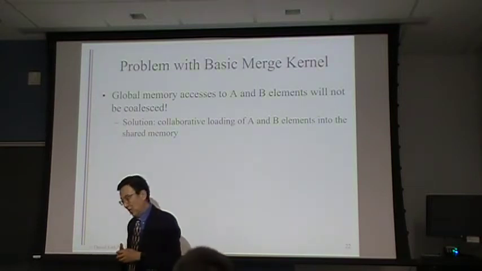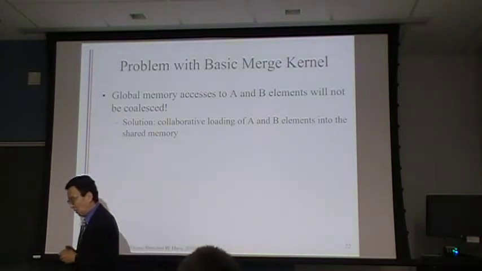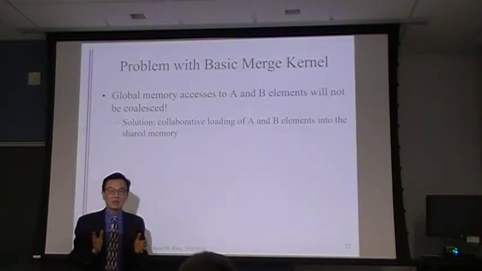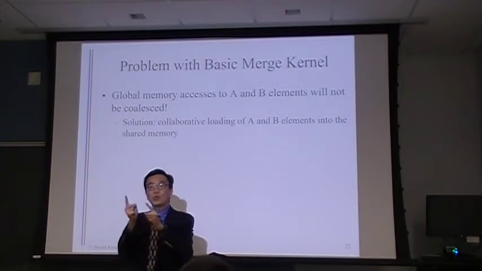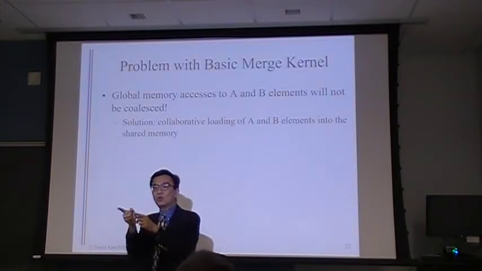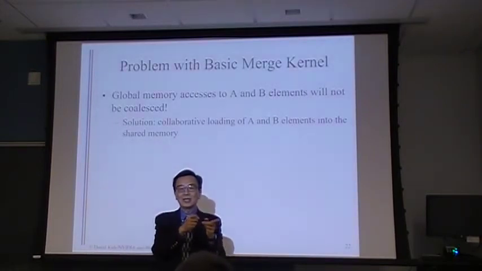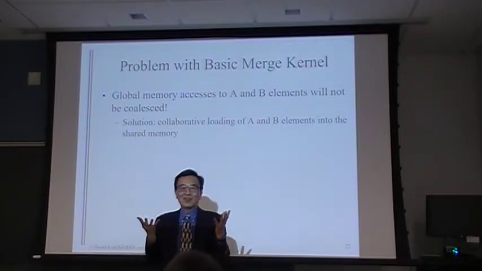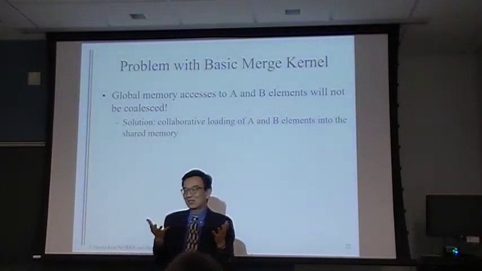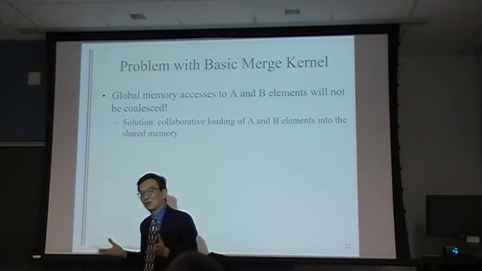The other problem is that as they search, all these threads are doing their own binary search. So who knows where they're accessing in A and in B? The accesses of neighboring threads are not going to be coalesced.